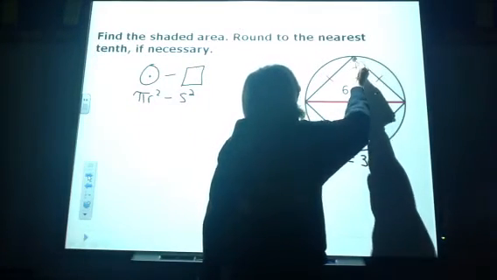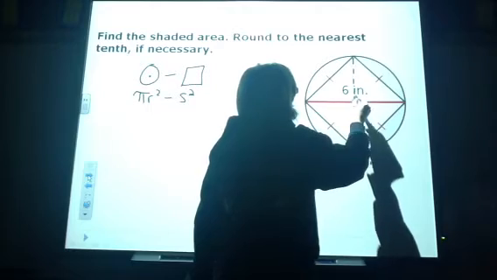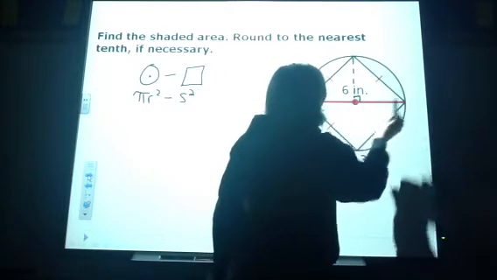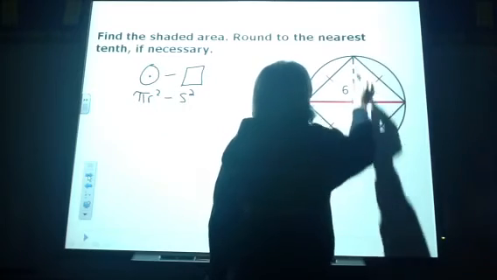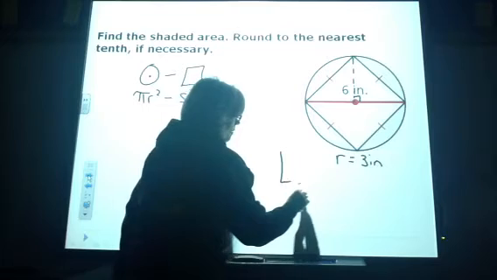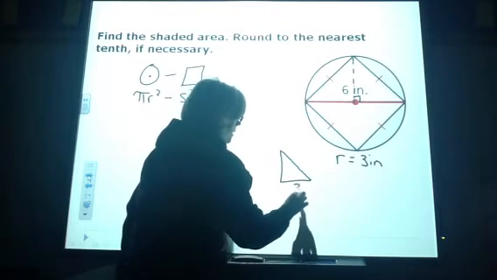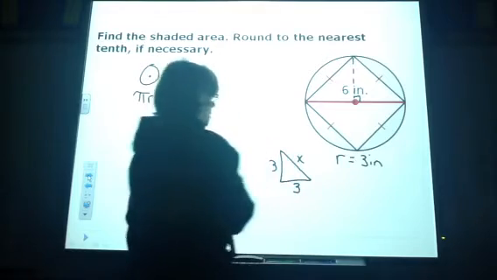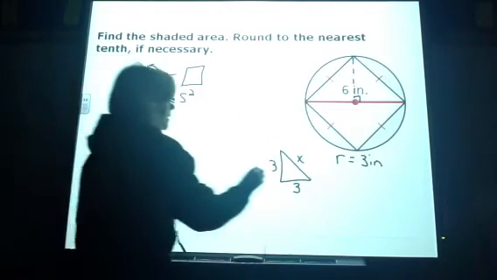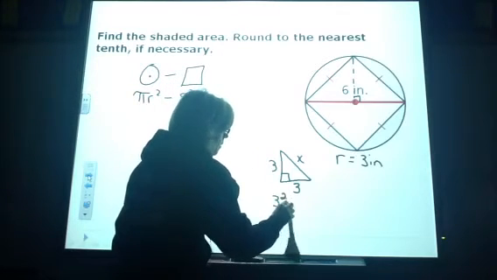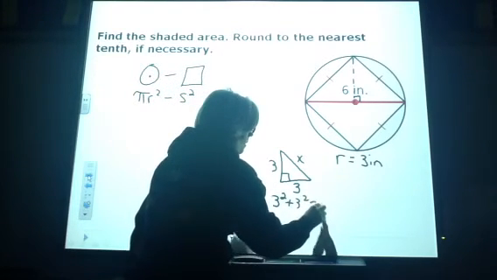So what I can do is form a right angle here. This is the radius, this is the radius. So let me redraw that. I have a triangle here. My radius is 3, and we're trying to find out what x is. And this is a right angle, so we can use the Pythagorean theorem. 3 squared plus 3 squared equals x squared.